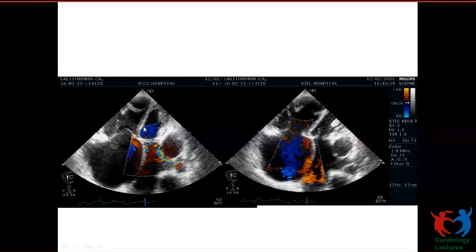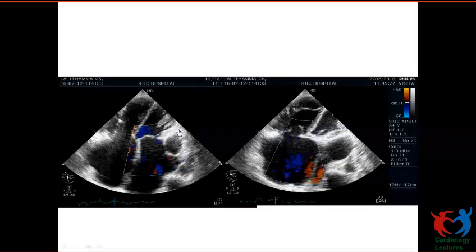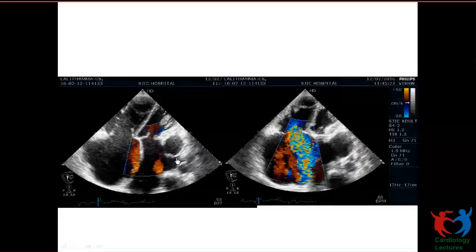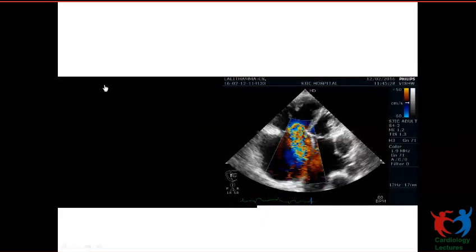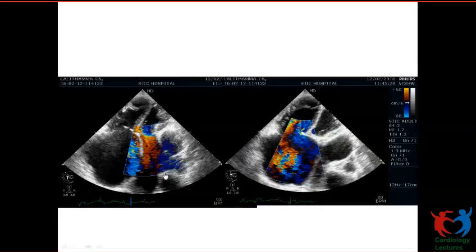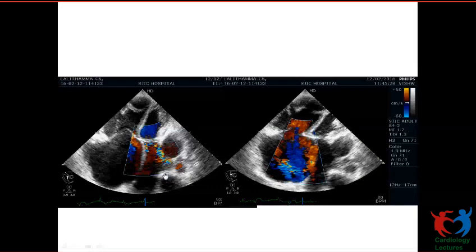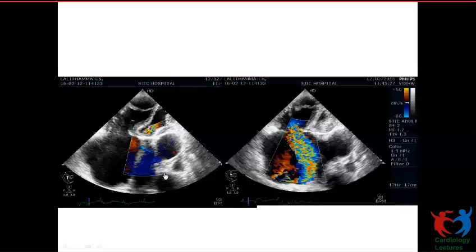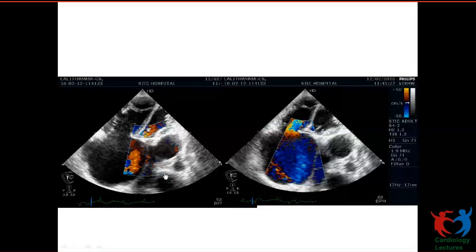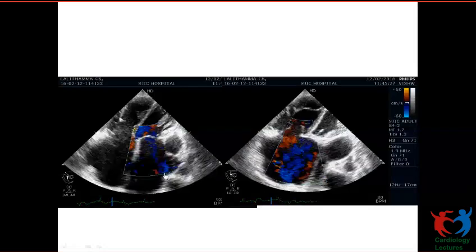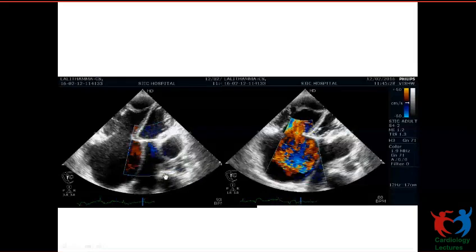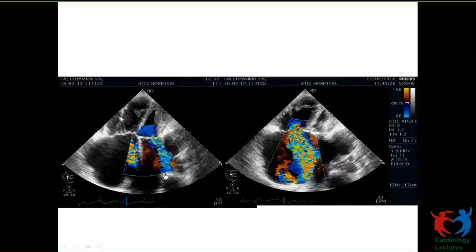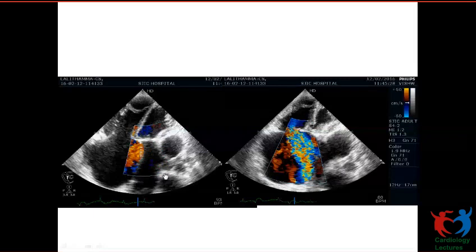So what is this now? So it is bulging here. You don't go by whatever is written there because sometimes it is wrongly written. You have to interpret yourself. Is it coronary sinus now?